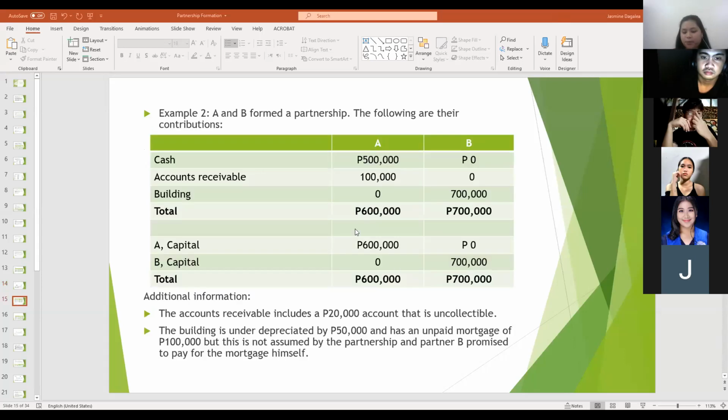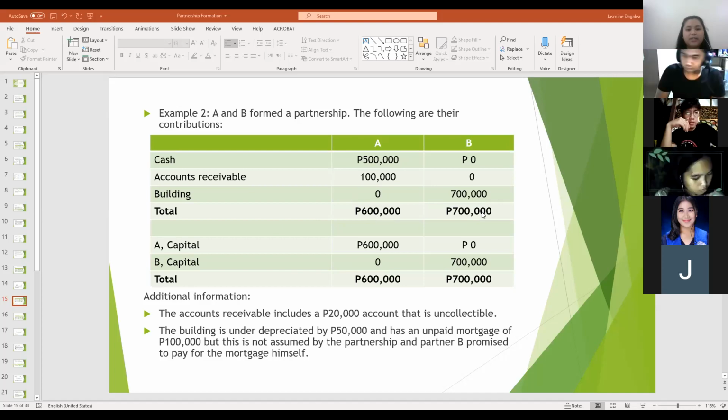Yan. Another example. Try nyo isolve. A and B formed a partnership. The following are their contributions. A, cash, 500,000. B, accounts receivable, 100,000. Building for B, 700,000.